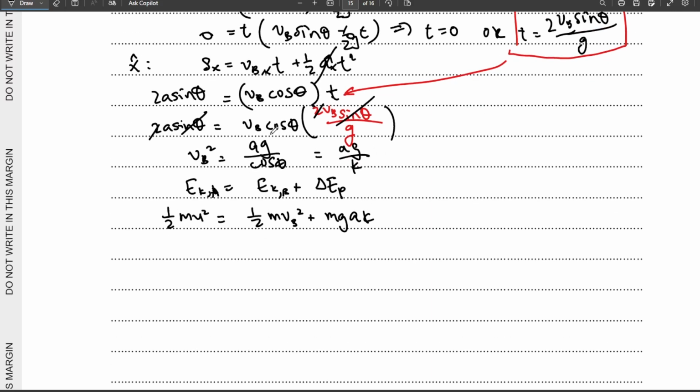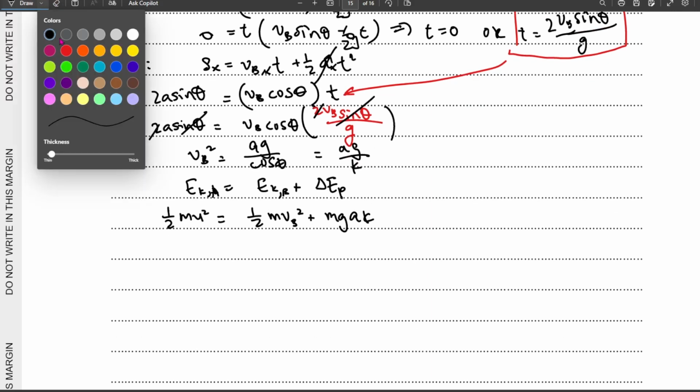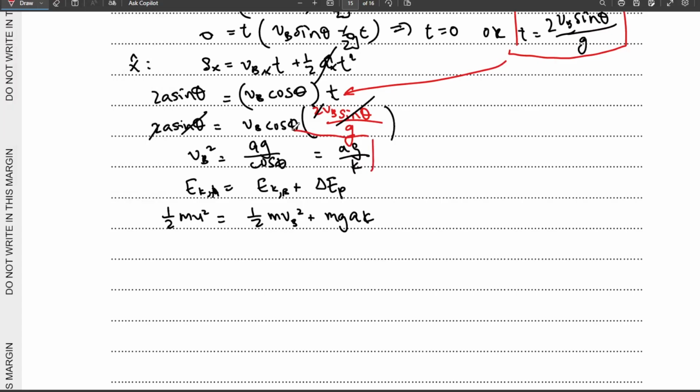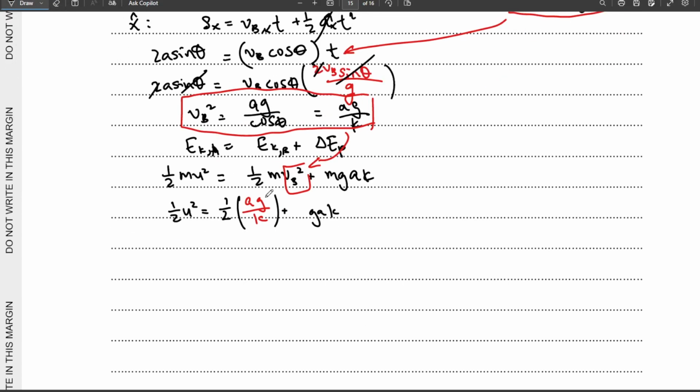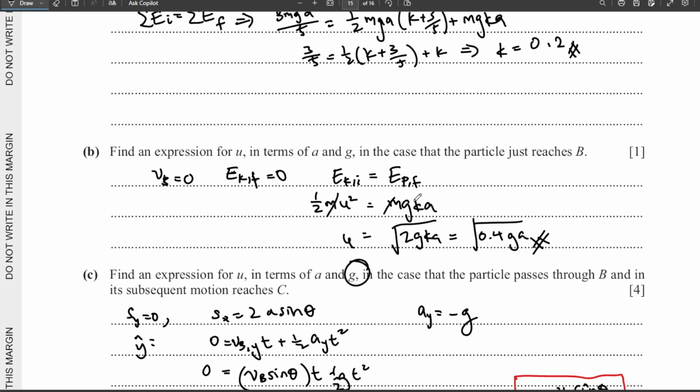Vb squared, I will just substitute what we have again. We have gotten this expression for Vb squared. So I will substitute this into here, this Vb squared. And then also, all the terms contain the mass, so I can just go ahead and cancel that also. Okay, so far we got until here. K is a value, k we have found just now to be, what was it, 0.2, right?